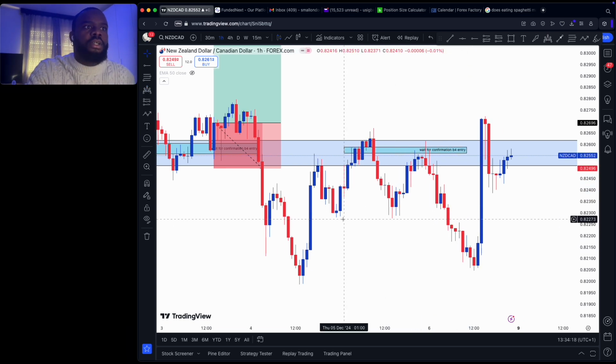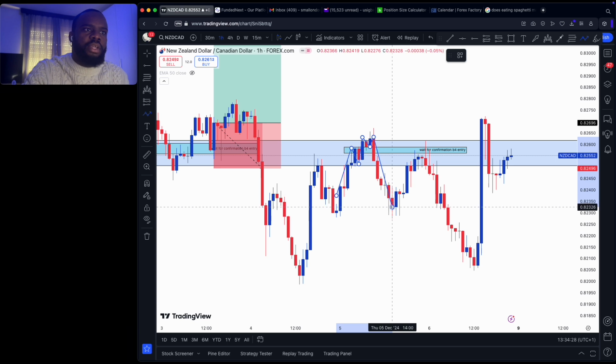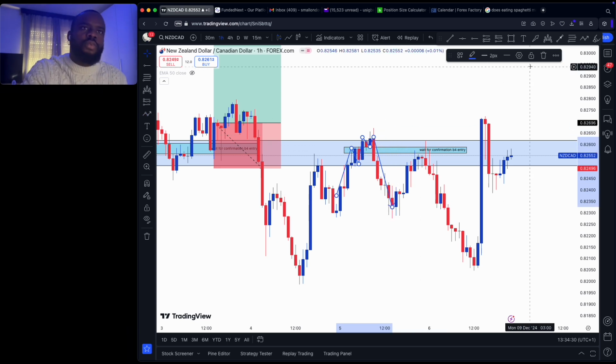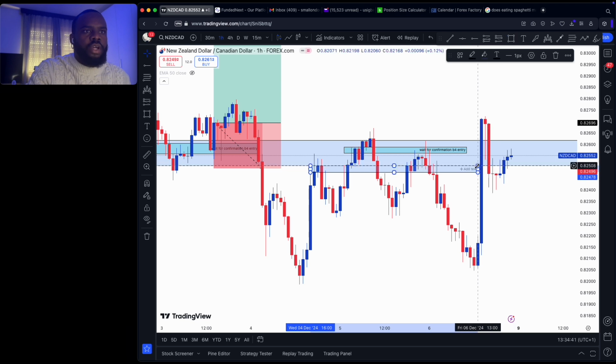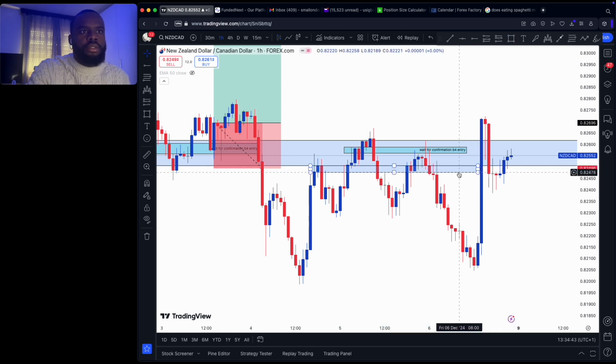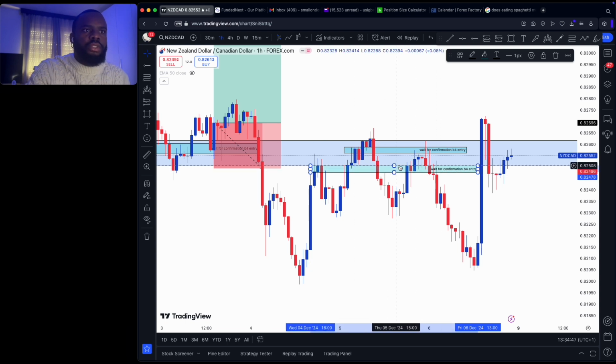which is a reversal pattern. So the setup was not so clear, because seeing the price at this point, creating this structure over here, then breaking out, signaled for me to also watch out for this zone. At the same time, I was interested in taking the trade on this zone.